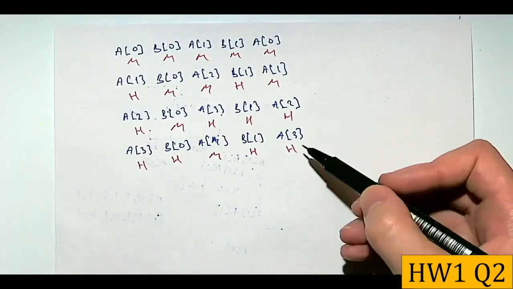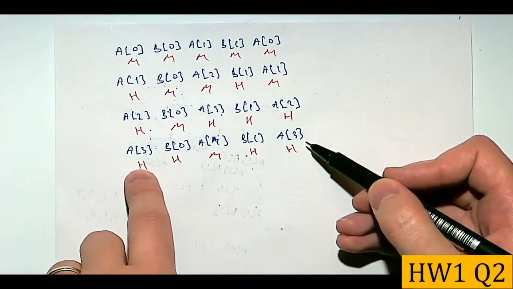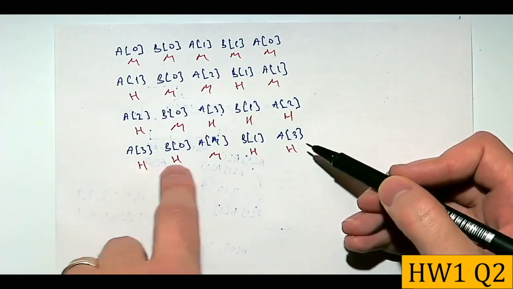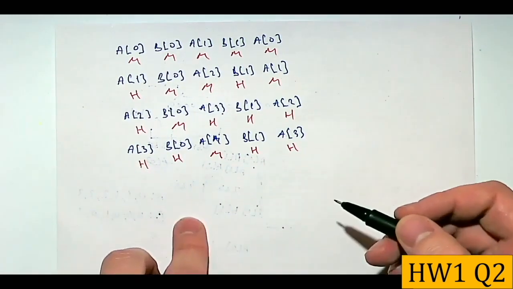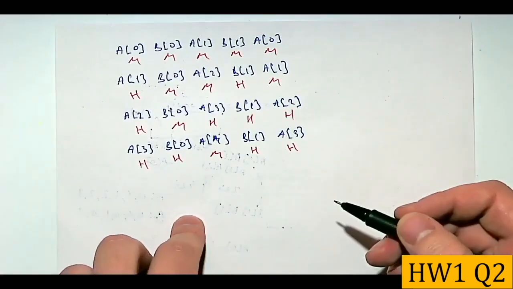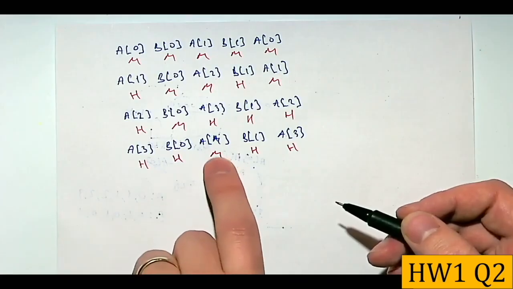And we will also always get a hit for A3, because we first access it in the beginning of the iteration, and then B won't conflict with it. And every second iteration, we will get a miss on this element here.